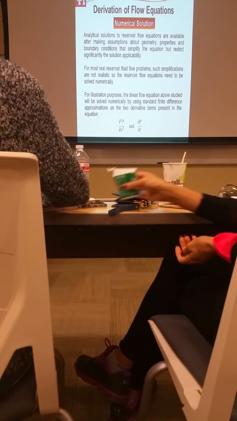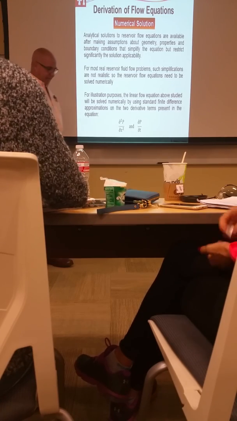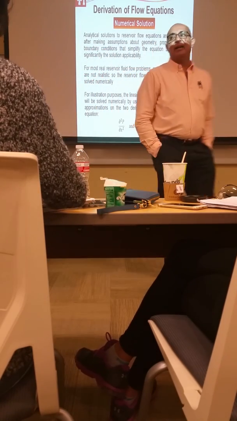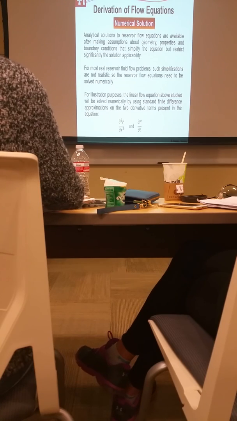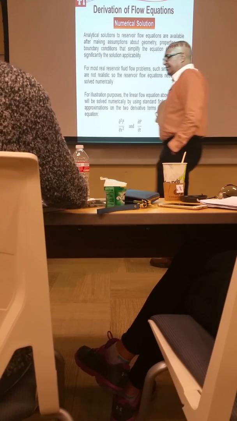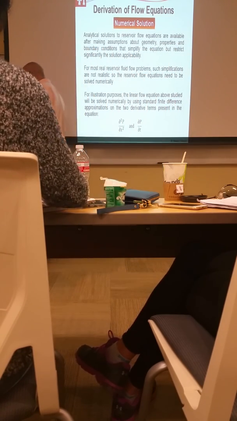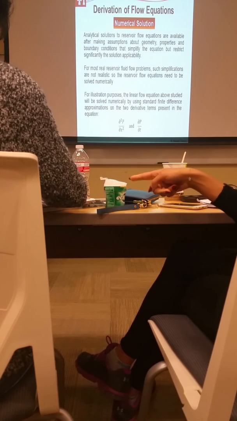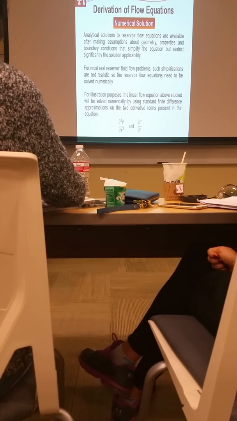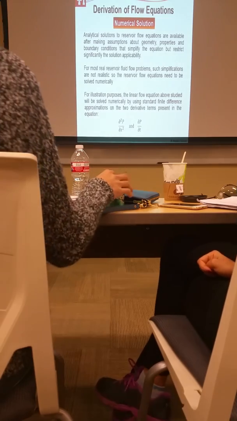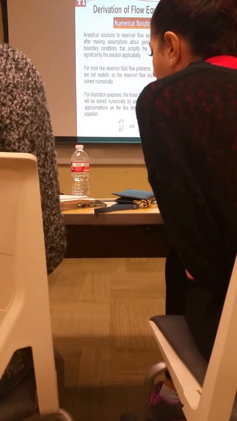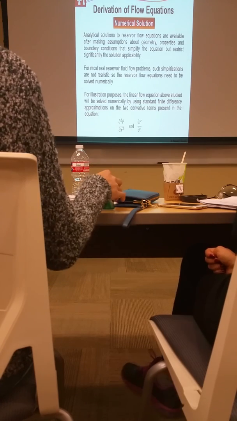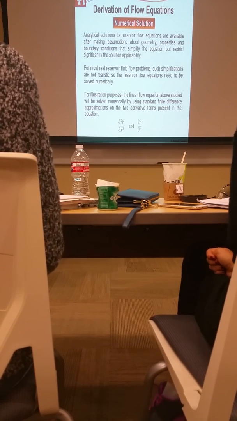Okay, some comments. The previous slide is giving me an analytical solution, okay? And certainly some partial differential equations can be found in our flow description that can be solved analytically if we make a lot of assumptions.